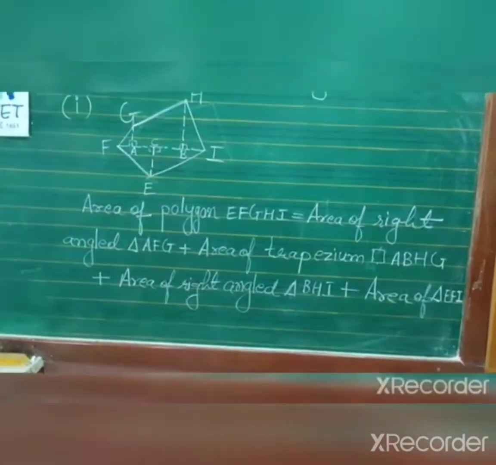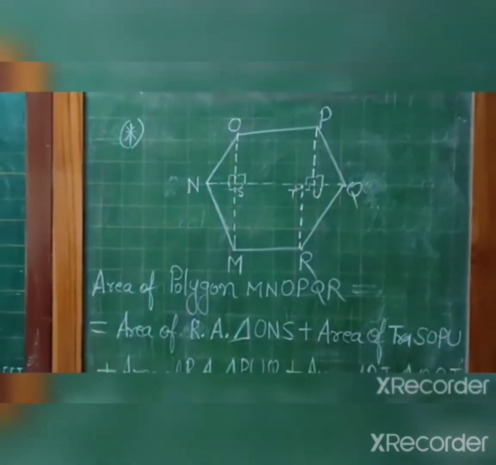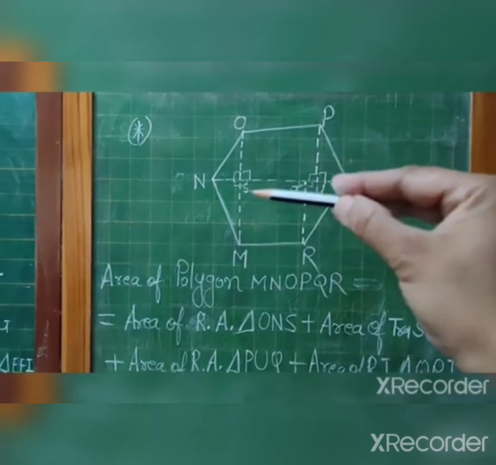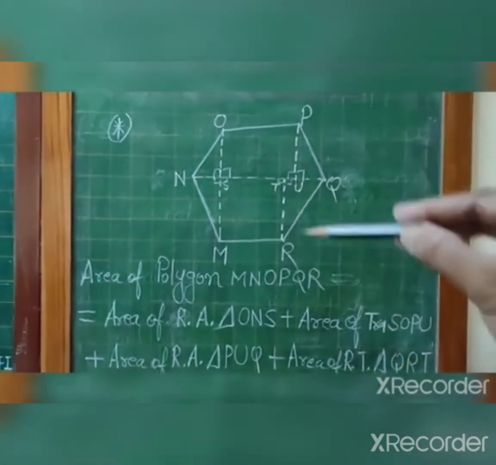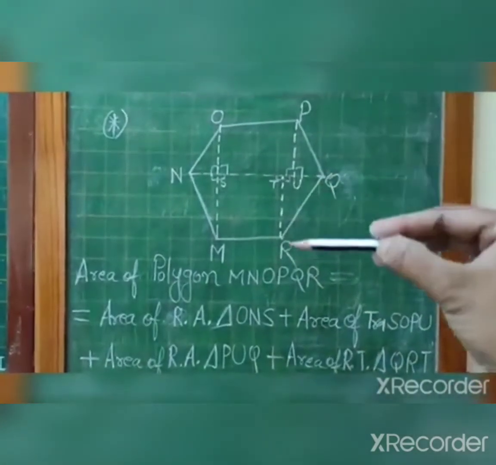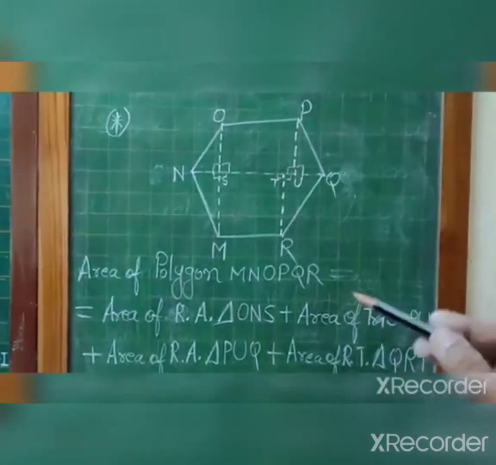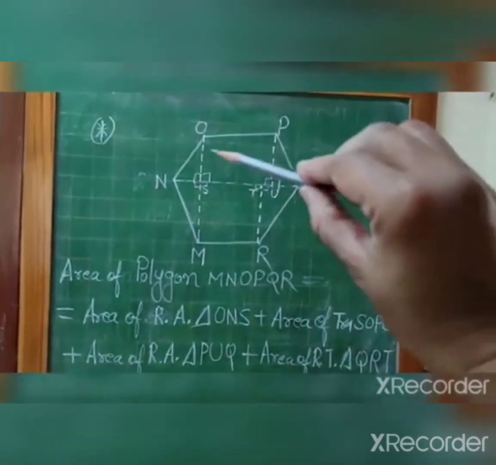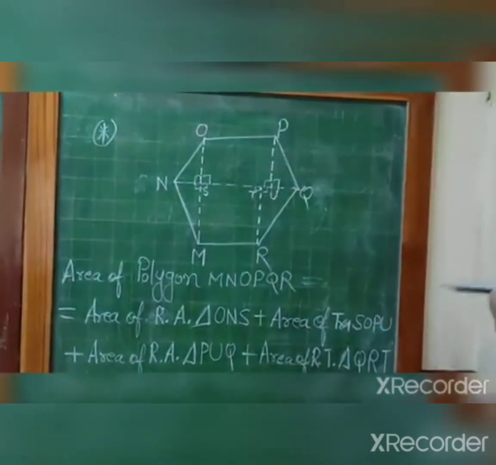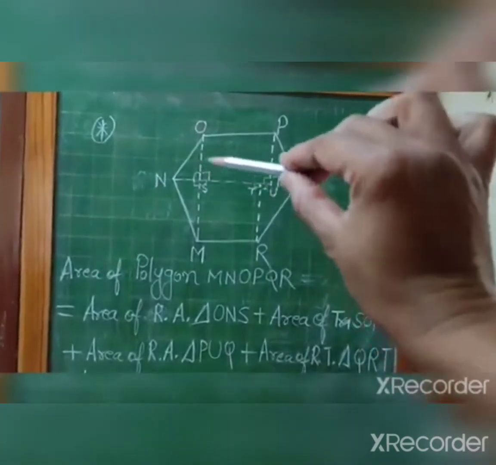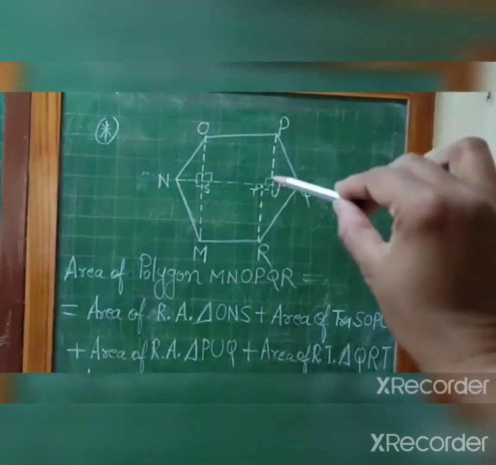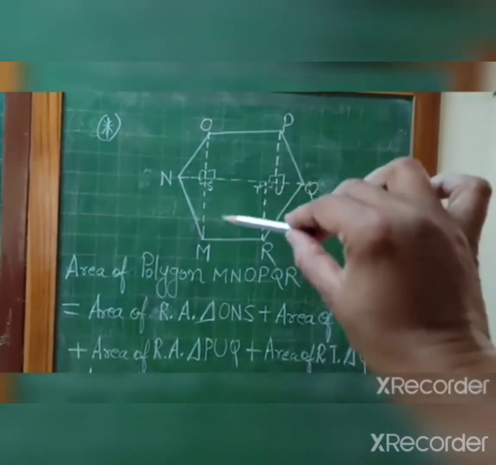Clear? Now in this figure you can see I have drawn the perpendiculars O to S, M to S, P to U, R to T. Now I have divided this hexagon into different small shapes: right angle triangle, trapezium, right angle triangle, trapezium, right angle triangle.